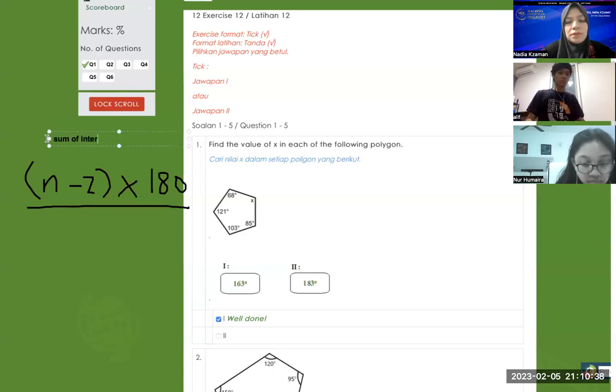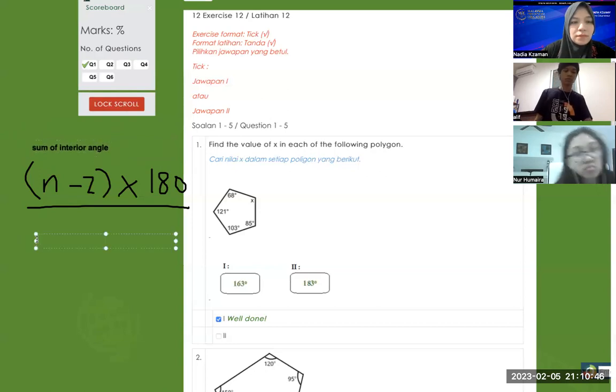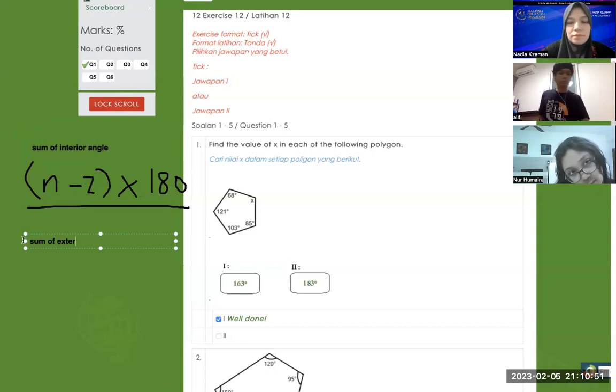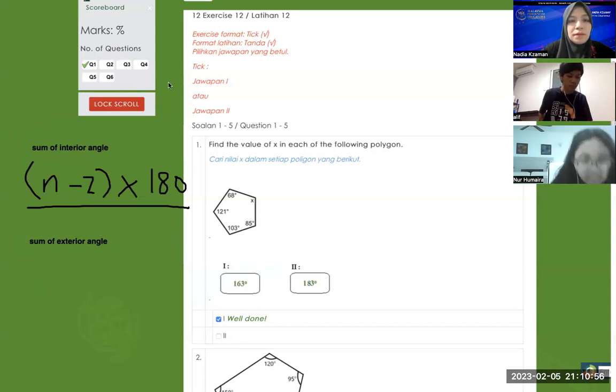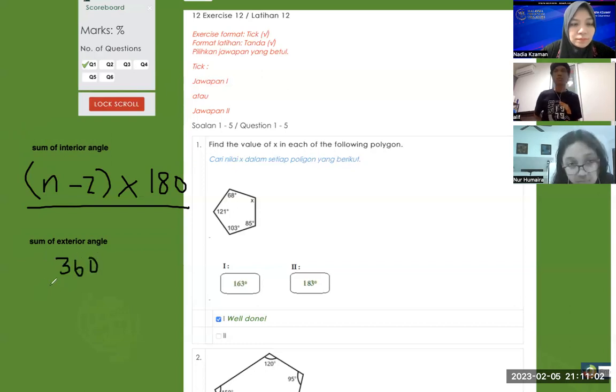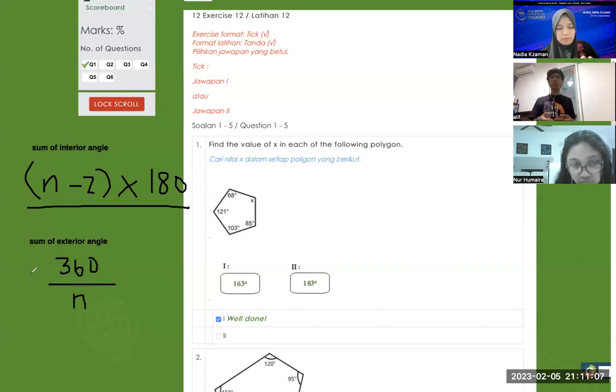Sum of interior angle. So I'm going to put it here. How about sum of exterior angle? 360 divided by N. Okay, 360 divided by N. This is actually 360 divided by N. Sum of exterior angle is 360.